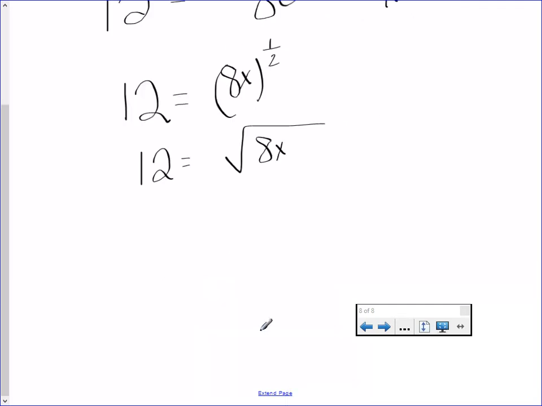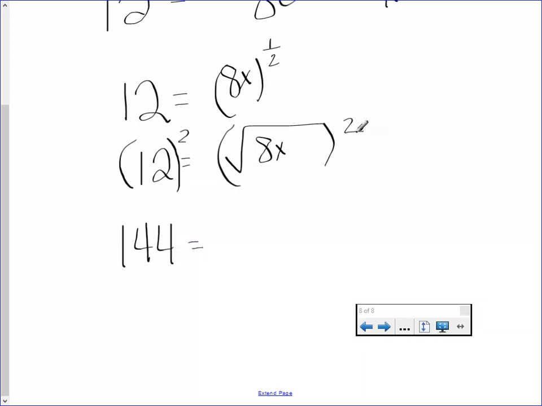Does anyone know how to undo a square root? What's the opposite of the square root? Square. So we're going to square this side to get rid of the square root, and we're going to square this side to get, if you do it to the right side, you have to do it to the left side. What is 12 squared?